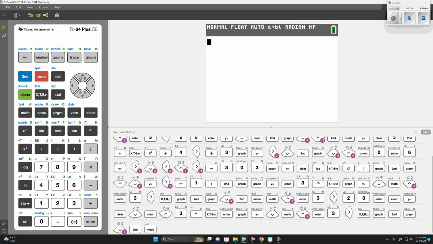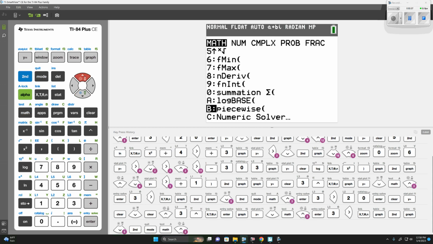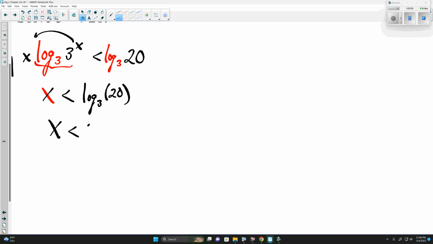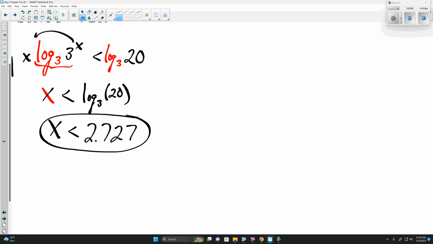On the graphing calculator, we can say math, log base 3 of 20, which is 2.726, or if we round to the nearest third decimal place, we get 2.727. And this is it here.